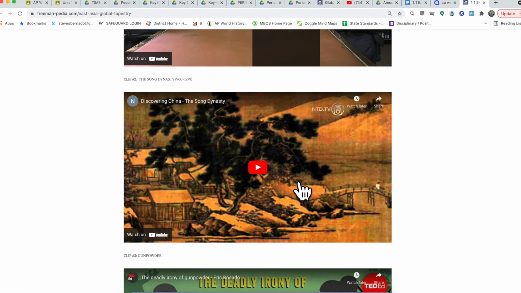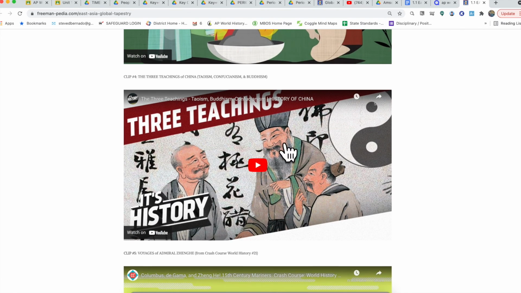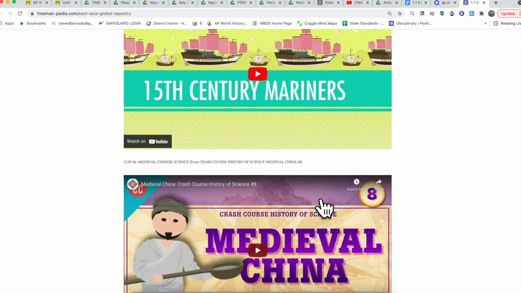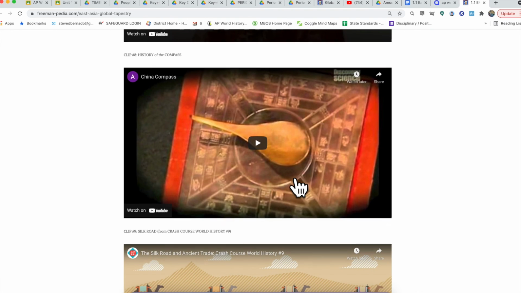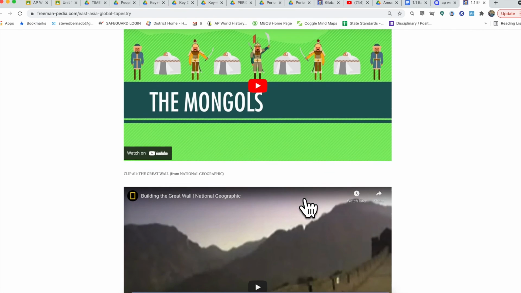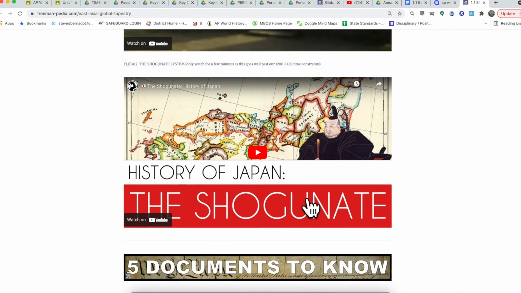The Song Dynasty, all about the Song Dynasty. Gunpowder. Taoism, Buddhism, Confucianism. 15th century mariners and explorers, medieval China. Marco Polo. China's compass, some innovation. The Silk Roads, trade. The Mongols' interaction, building the Great Wall of China, the history of Japan.